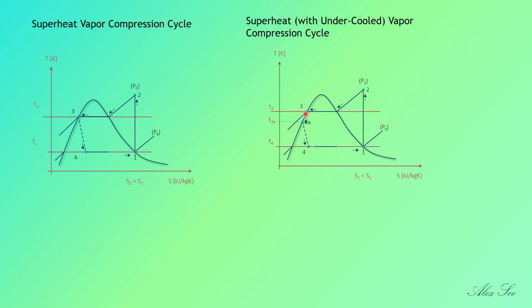If, let's say, the temperature T3 is 30 degrees C and they say undercooled by 10 K, then 30 minus 10, so point 3A should be around 20 degrees C. That is how you can find H3A based on the temperature. Through the example, you'll be able to understand more.